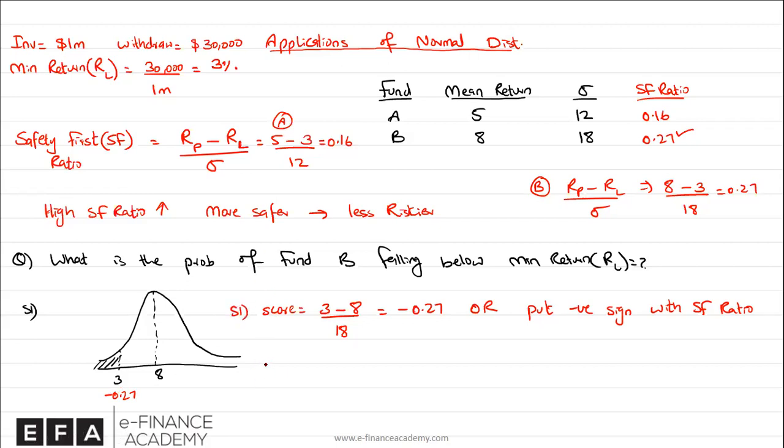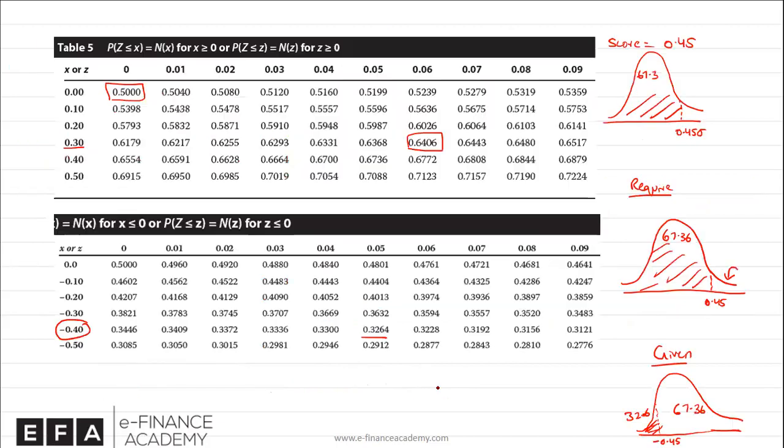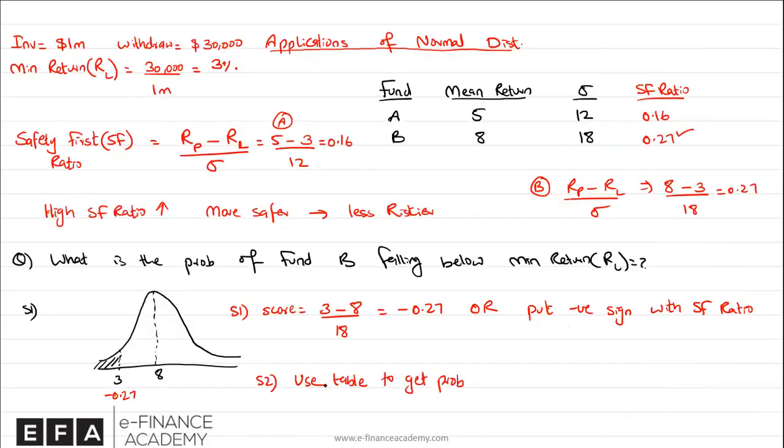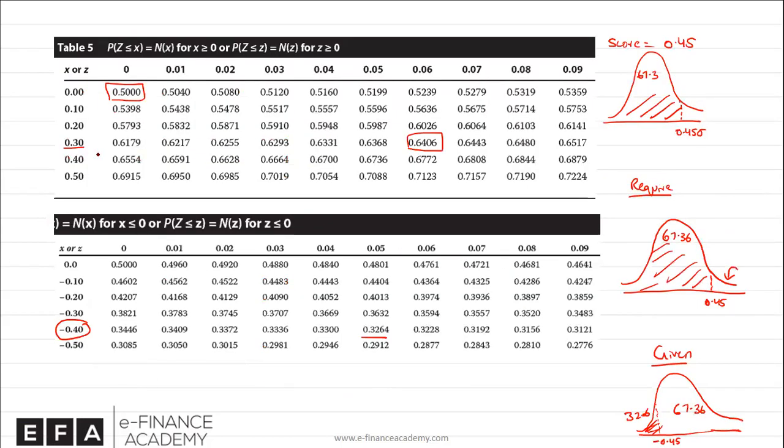Your step 2 is to actually use the table to get the probability. And we just need to go back and look for 0.27. Let's look for 0.2. Here's 0.2, and 7 is around here.